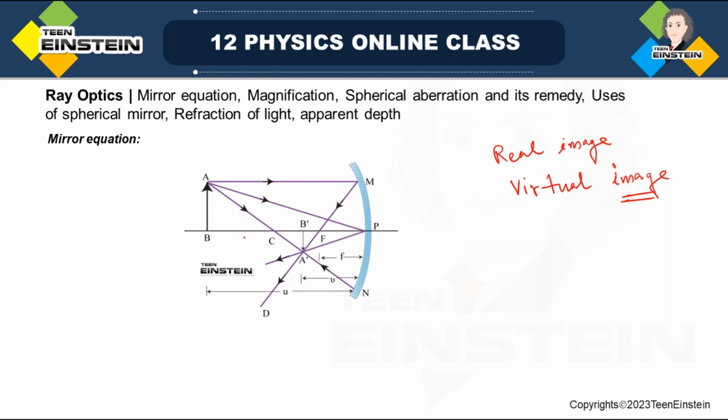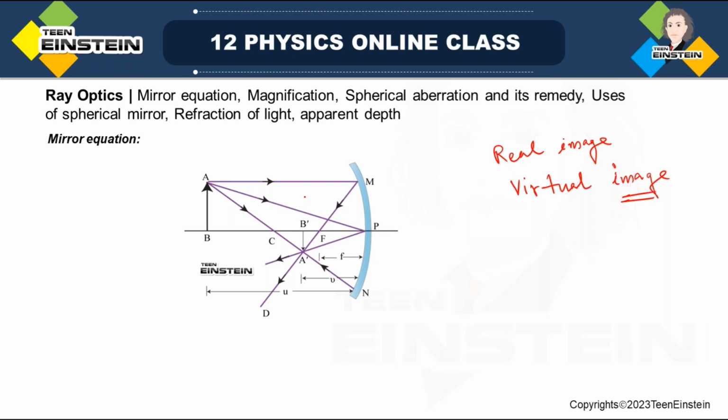Actually, we had seen that if you are given a position, like if the object is kept at 2F or at C, the center of curvature, where the image will form and the nature of the image we can say just by drawing.